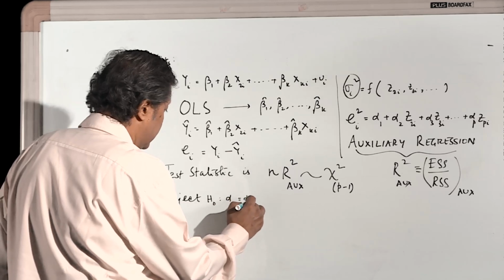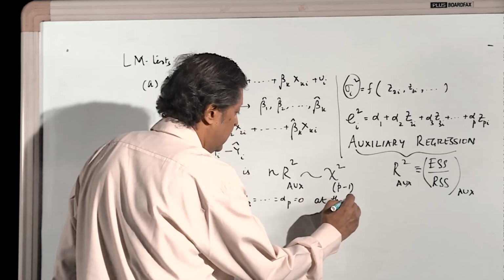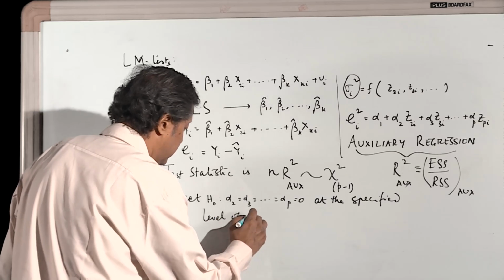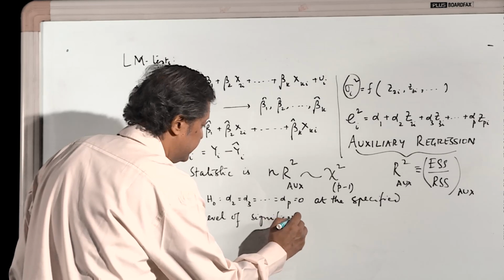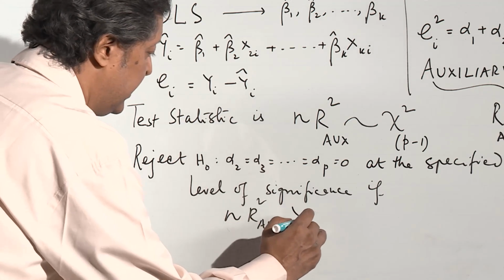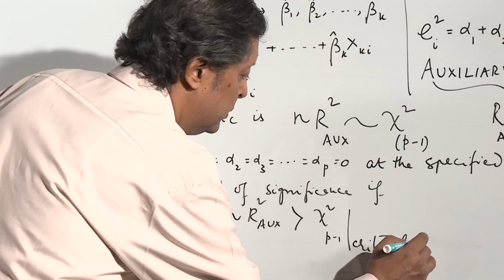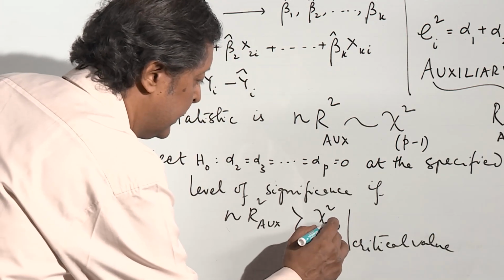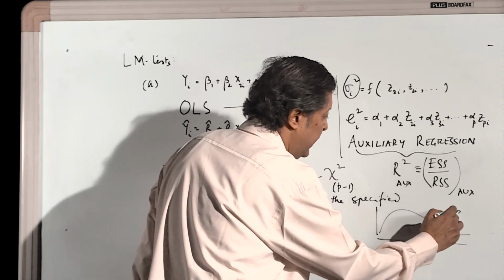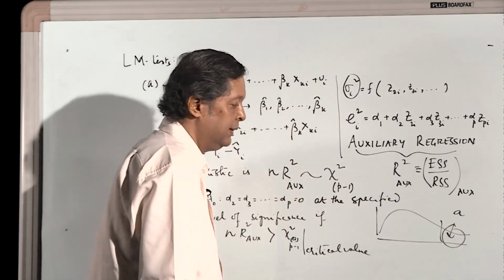Alpha 2 equal to alpha 3 equal to alpha p equal to 0 at the specified level of significance if n times r square auxiliary exceeds chi square p minus 1 critical value, which is often written as chi square A. That means, if you have a chi square distribution typically shown like this, and then to the right you have this A % probability, then if the calculated value of the statistic falls in this critical region, then we reject the null hypothesis.